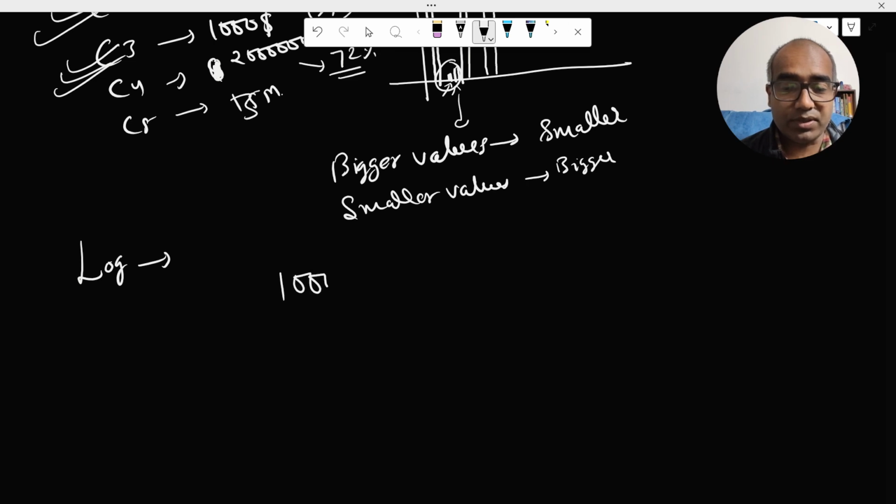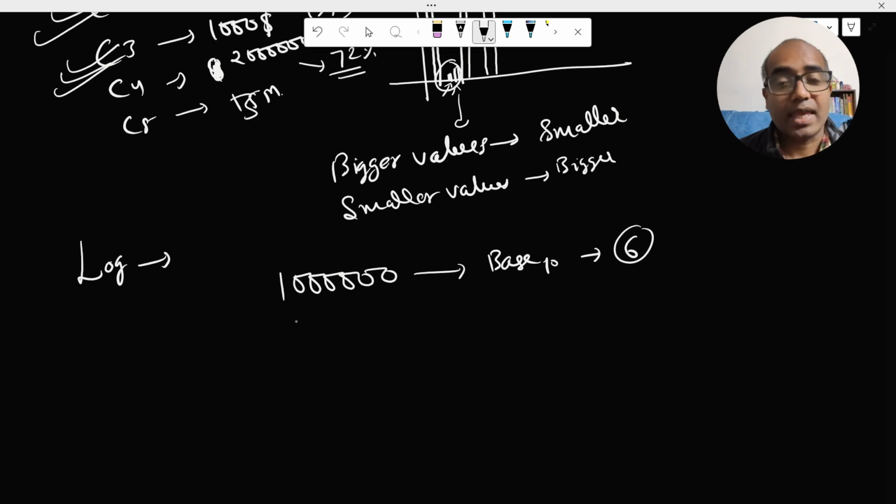Suppose we were talking about the $1 million sale. In the case of a $1 million sale, when you take the log of this value on base 10, the log will come as 6. And when you are talking about $1,000, on a scale of base 10, you take the log. You need to take the log on a base. What is a base?